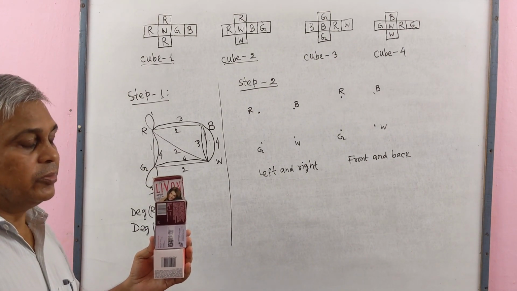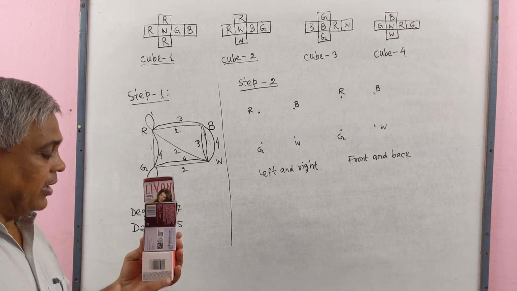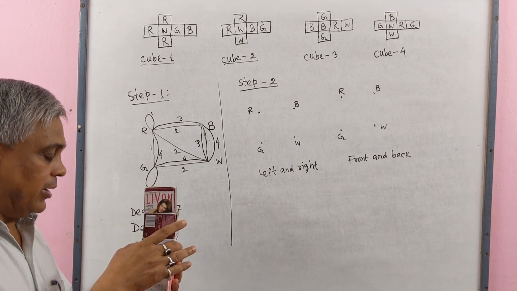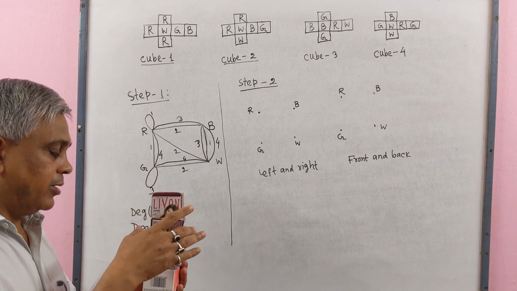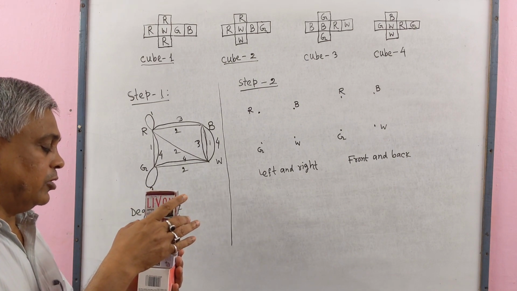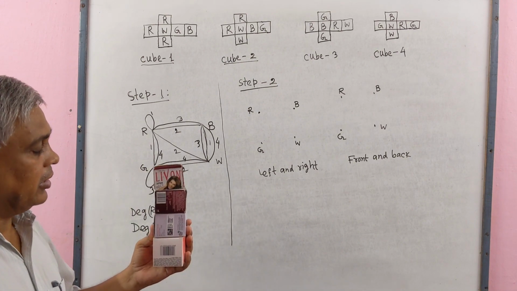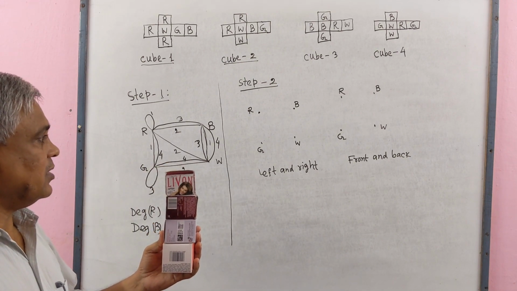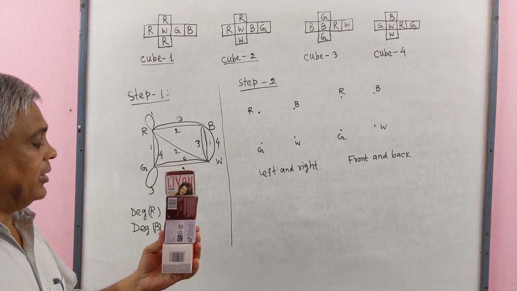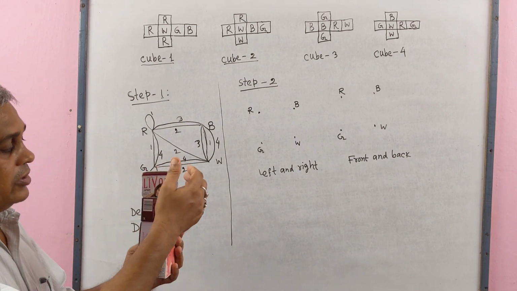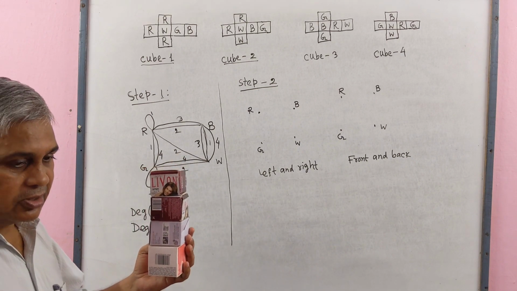In step 2, we arrange the cubes one above another, the third on the second and the fourth cube on the third. Here we see these are the left faces and these are the right faces.